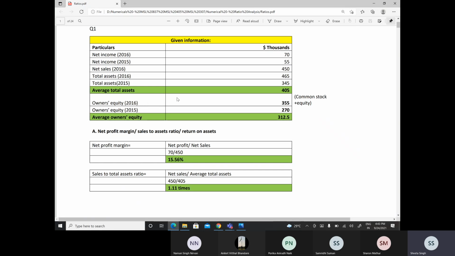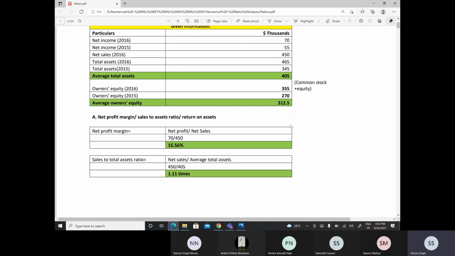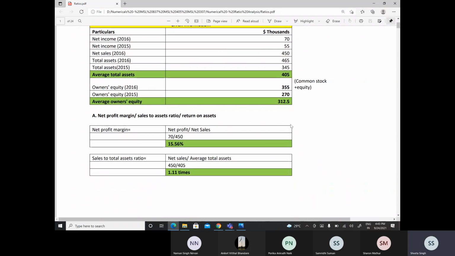The owner's equity of 2016 is 355 and owner's equity of 2015 is 270. So the average owner's equity is again an average of these two figures, that is 312.5.